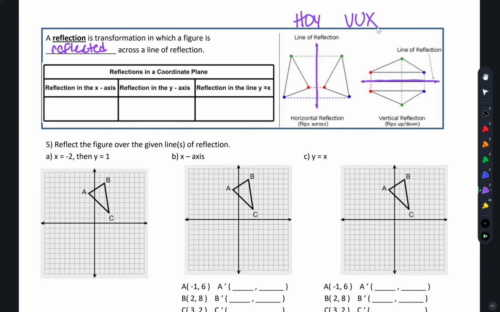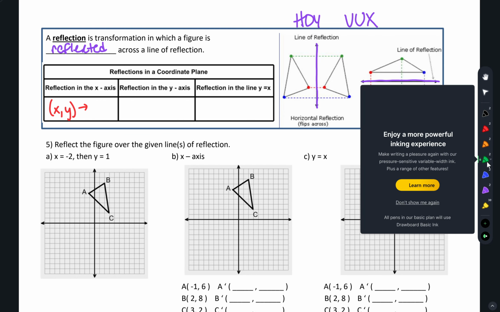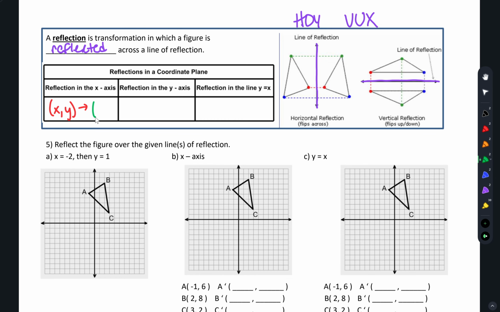So reflections in a coordinate plane, specifically a reflection across the x-axis, will look something like (x, y) becomes (x, -y). To get a reflection over the x-axis, we leave everything the same except we make the y value negative. Now, if the y value is already negative, we know that 2 negatives make a positive. Reflections across the y-axis look like (x, y) becomes (-x, y).